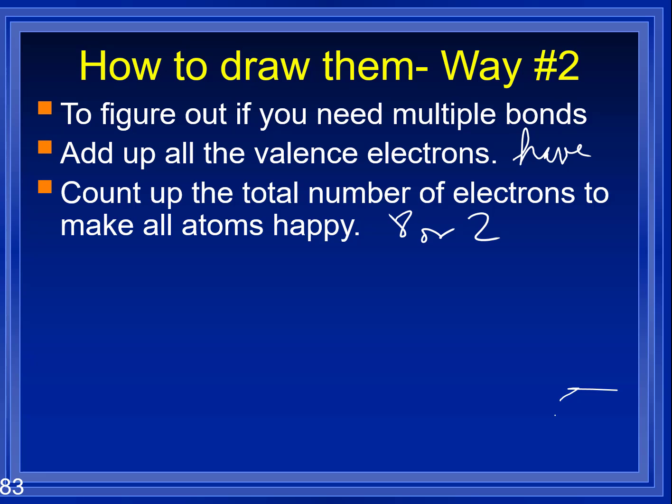So if I had 5 atoms and none of them were hydrogen, each one wants to be happy with 8, so my happy number would be 40.